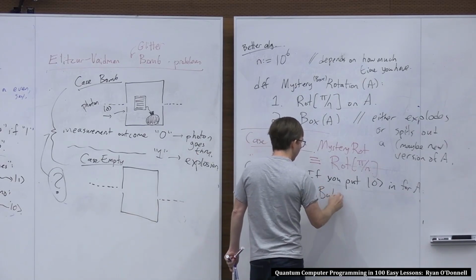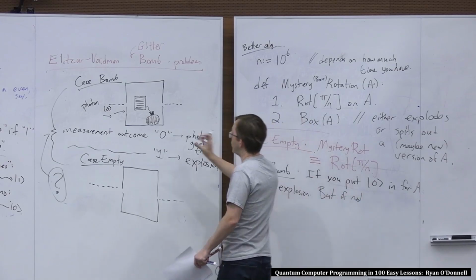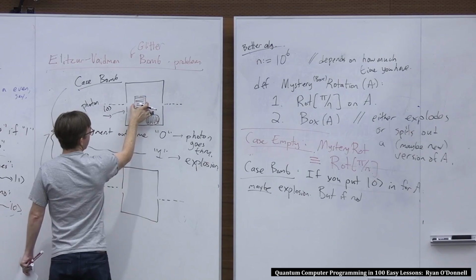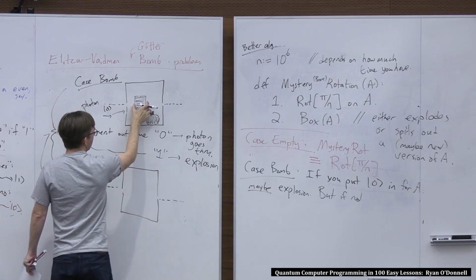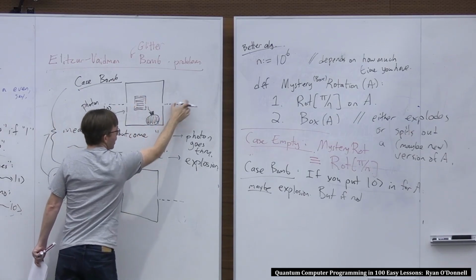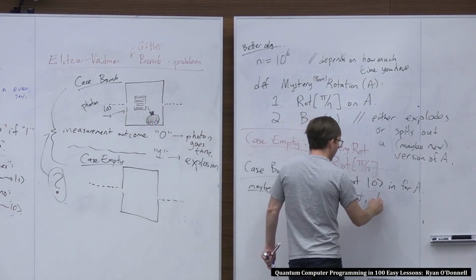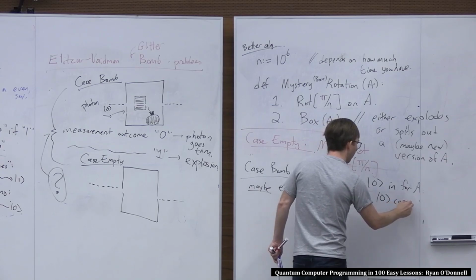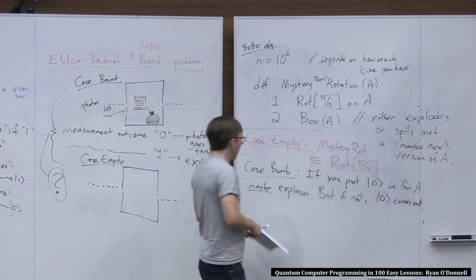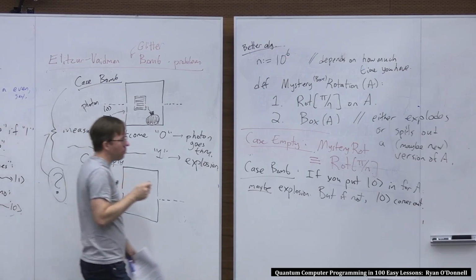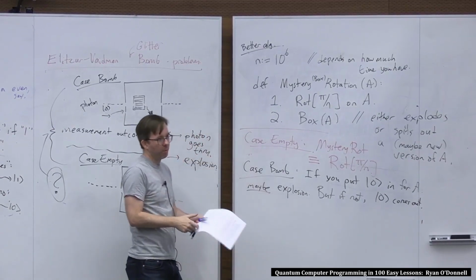But if not, if there's no explosion, like you put in this slightly rotated vector, it hits here, probably it's just going to get measured to measurement outcome horizontal, no explosion, and then it just comes out in state ket 0. So in case bomb, this algorithm acts like do nothing on input ket 0, except there's a slight chance of explosion.